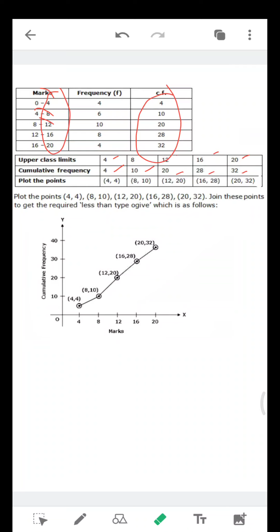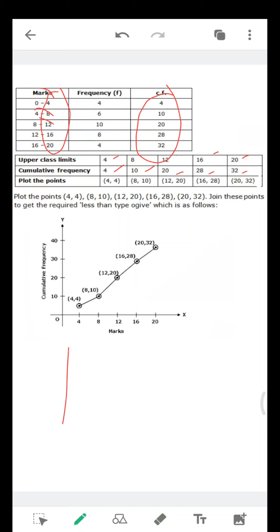This curve can be changed according to the design of the spaceship, or design of the underwater submarines, or the design of the roof of the palaces. Based on that, this is only for designing. After the design is made, then the work is started. We can call it a prototype also, a prototype of something. So this is less than type of ogive.